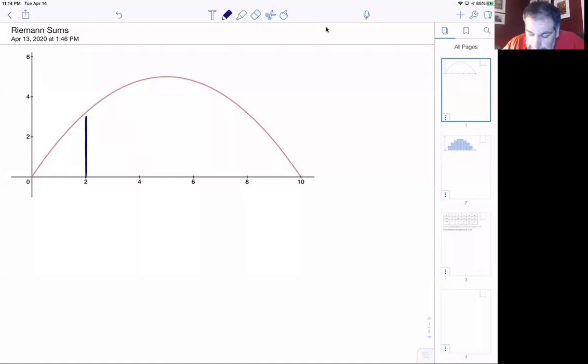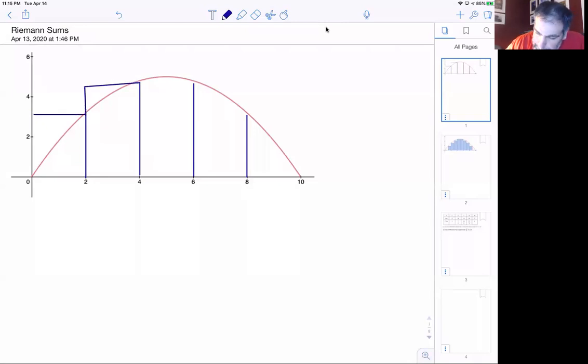So what would happen if I divided this section up like this? And now I've got a bunch of strips. Here's what I could do. I could now attempt to find an approximation for this problem by drawing a bunch of different rectangles.